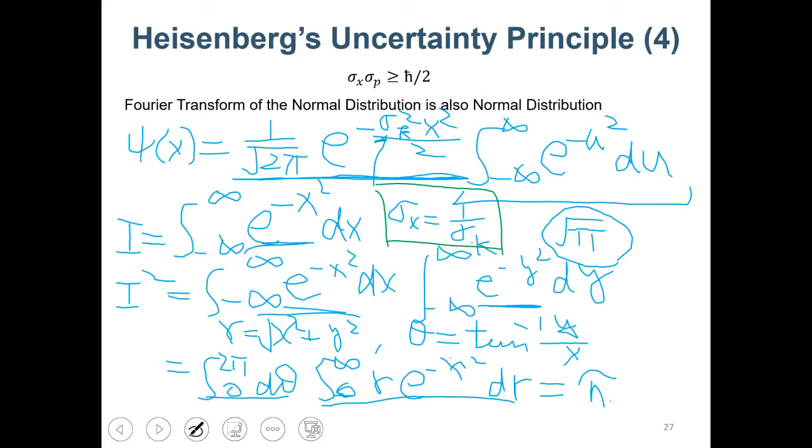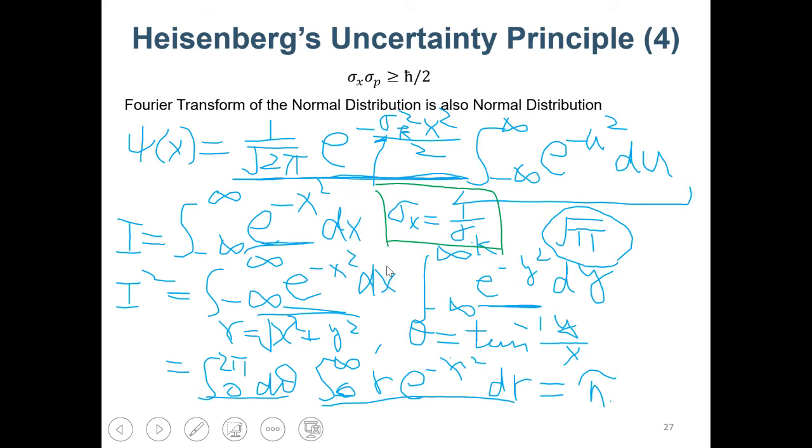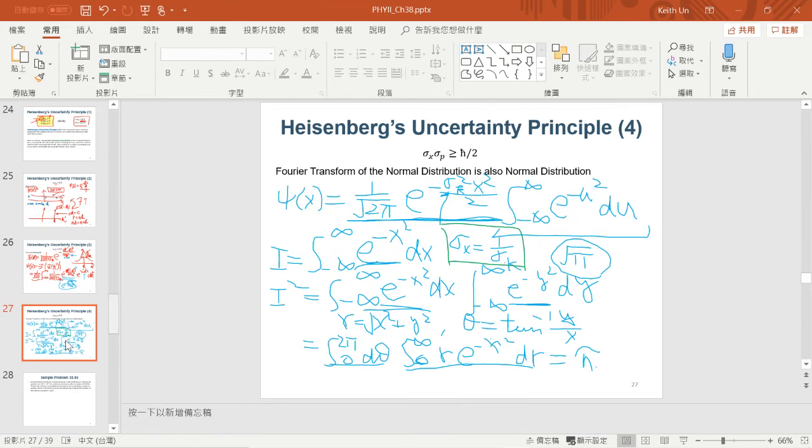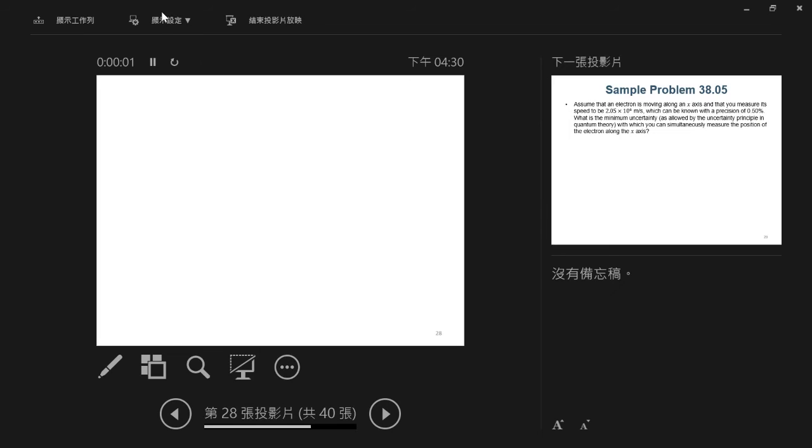Characteristic. And finally, you will find that, I'm not sure, let me add another page in between. So we know that sigma x is actually 1 over sigma k, and also we have p equals h bar k.